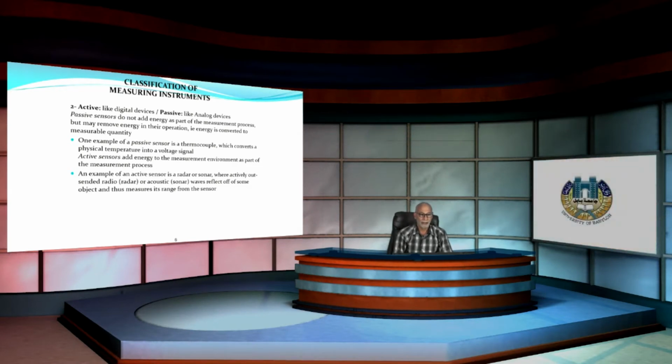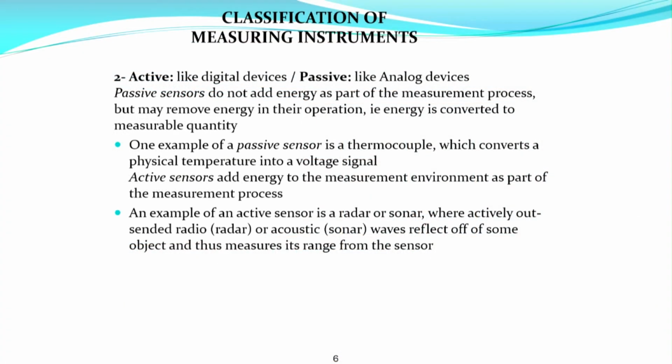The second type of these instruments: active, like digital devices, and passive, like analog devices. Passive sensors do not add energy as part of the measurement process, but may remove energy in their operation. In other words, energy is converted to a measurable quantity. One example of a passive sensor is a thermocouple, which converts a physical temperature into a voltage signal.